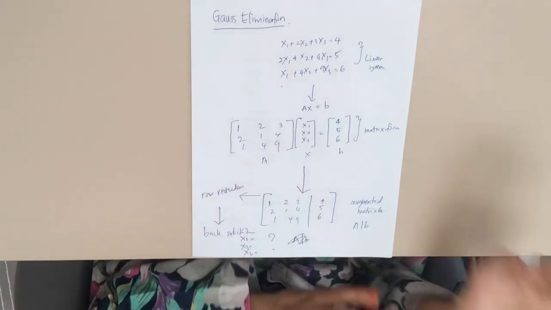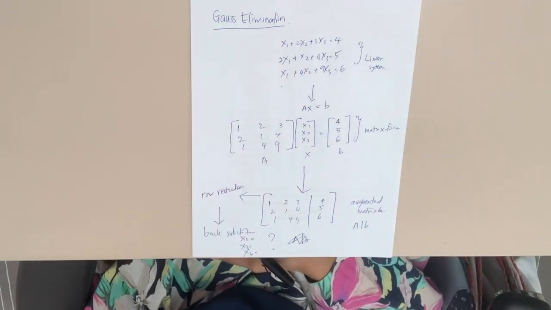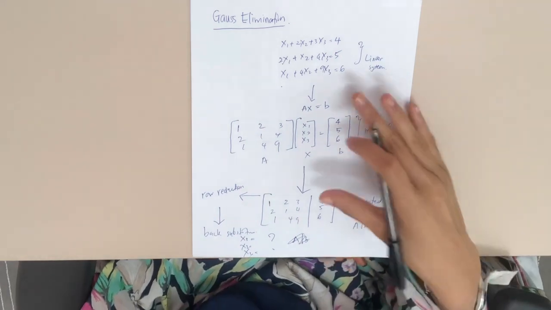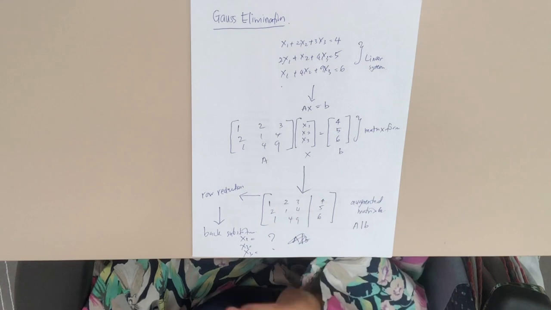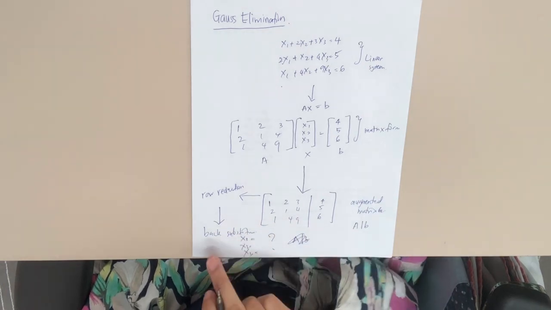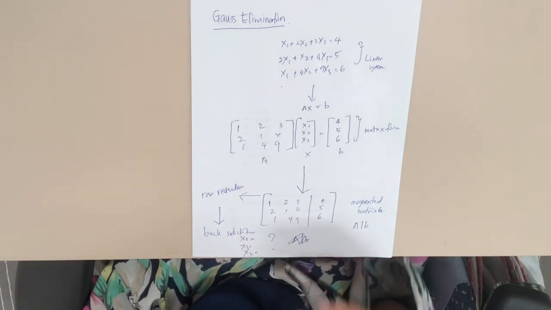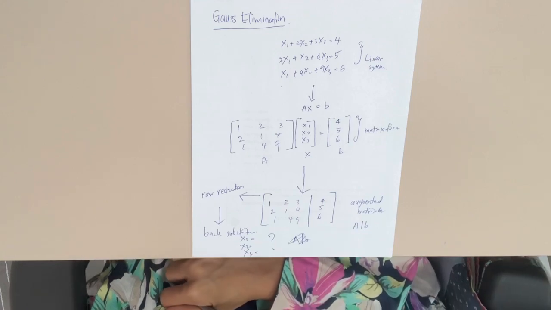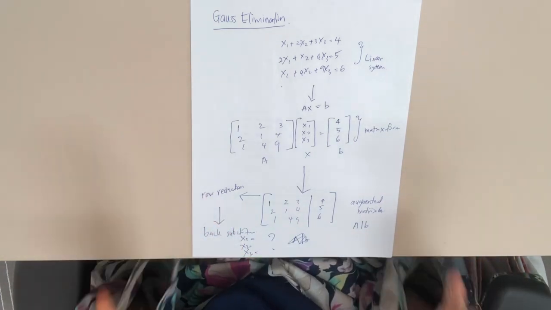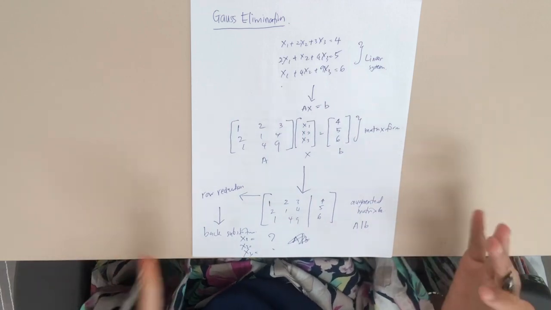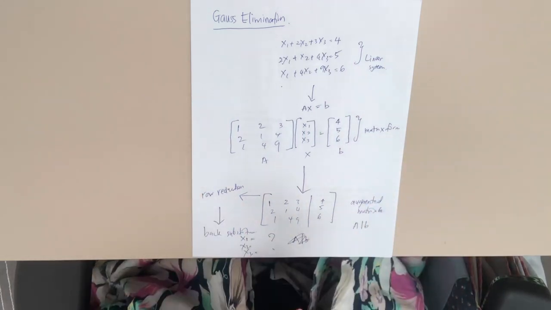X depends on what variable is used; if x, y, z, then x, y, z. But for this example, it uses x1, x2, x3. Therefore, at the end, you apply back substitution to get the values of x1, x2, and x3. So these are the steps in the Gauss elimination algorithm.